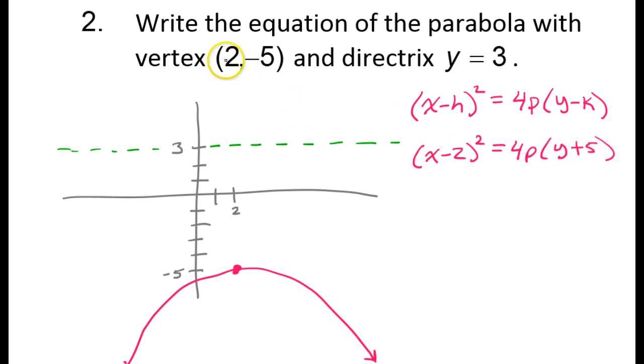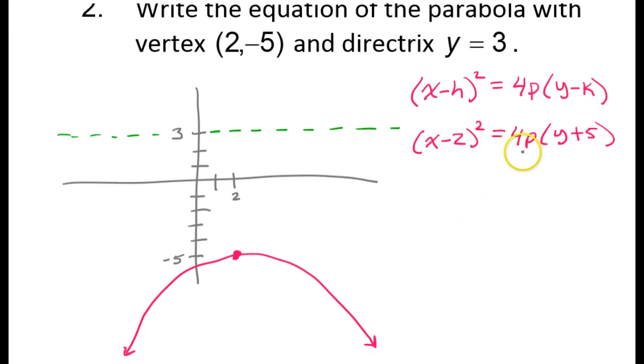Okay? Make sure you don't just go in order. This time that was true. The 2 goes first and the -5 went second. But always pay attention to make sure that the x-coordinate of the vertex winds up in the x part of the equation. So all we need is the p value.